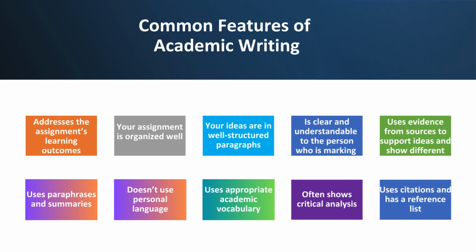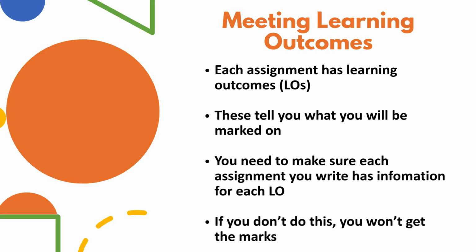These are not in any particular order, but these are some of the most common features. And as I said a few moments ago, we can get more detail than these features as well, especially when it comes to language, as there are different types of language for use in different situations in your assignments. But we're going to look at these common features now.